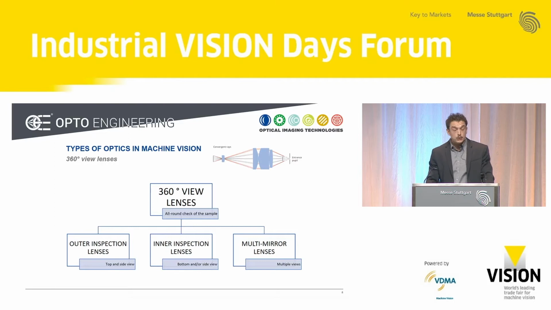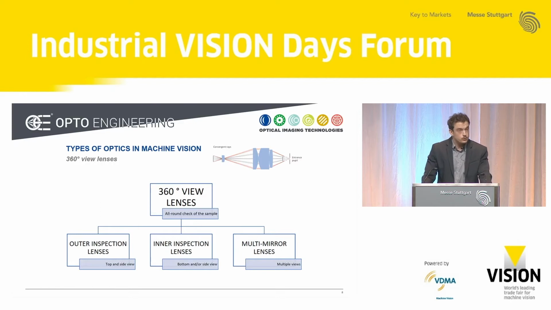We have outer inspection lenses to capture the top and side of the object. In the upper part of the slide, you can see a typical optical design which is employed for these lenses, that is called pericentric, meaning that the rays in this case are converging instead of diverging.